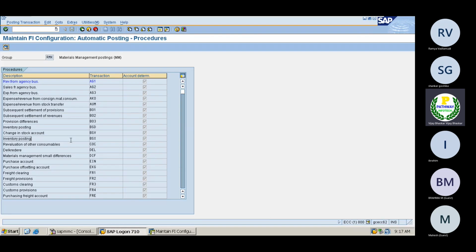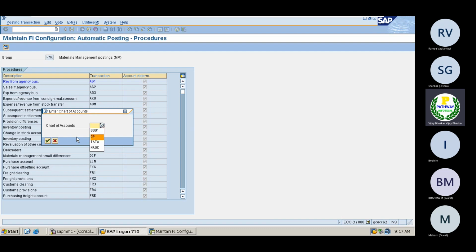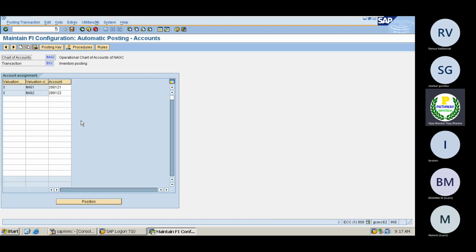Anyhow we will also do the same thing later, but for our understanding, if I go inside this, let me take an existing company code. Now you can see this chart of accounts. This configuration will be done at chart of accounts level. Chart of accounts level means that all company codes following the same chart of accounts will have this configuration applicable, remember.